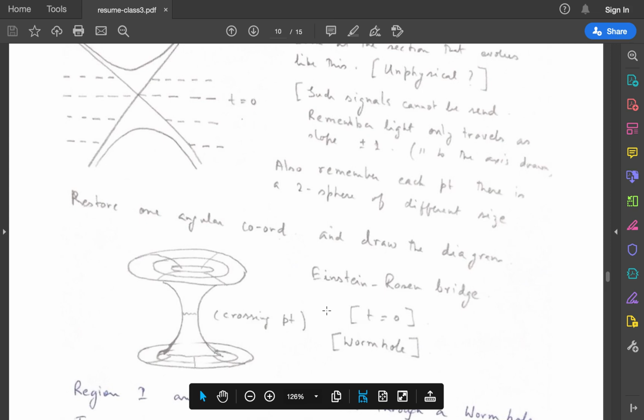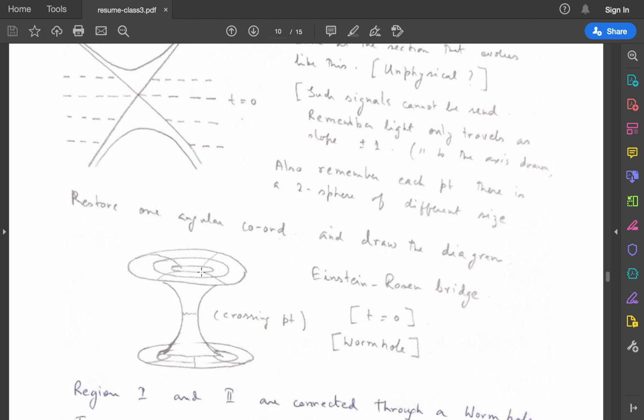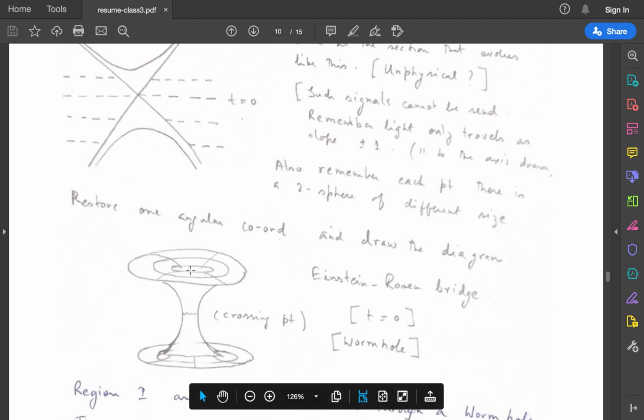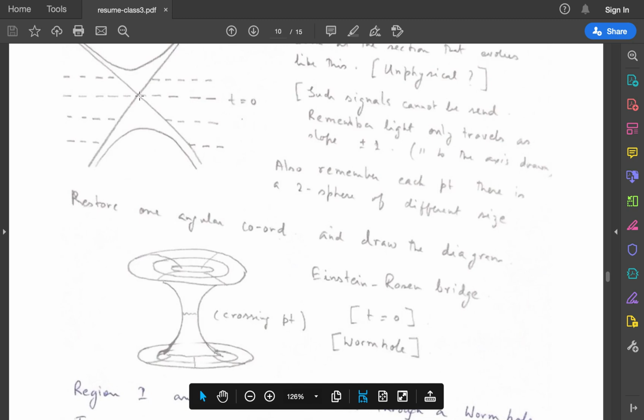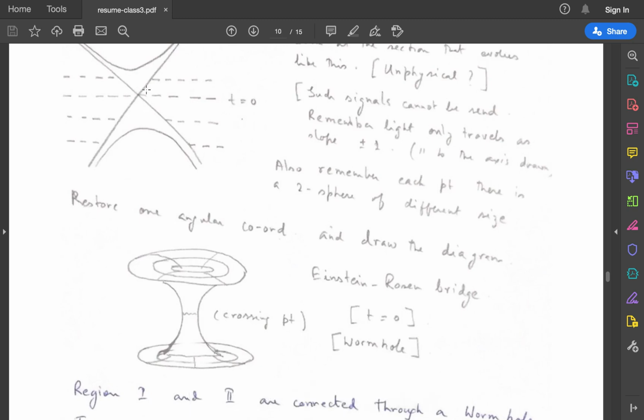This is t equal to 0. We have restored one angular coordinate, phi, and we see that these two asymptotically flat space-times have been connected by a neck-like region. This is the crossing point, the zero point, which I'm talking about here, and this is r equal to twice m and t equal to 0.